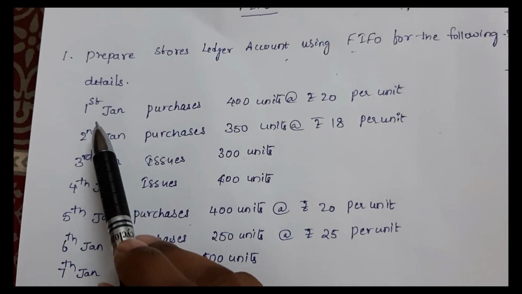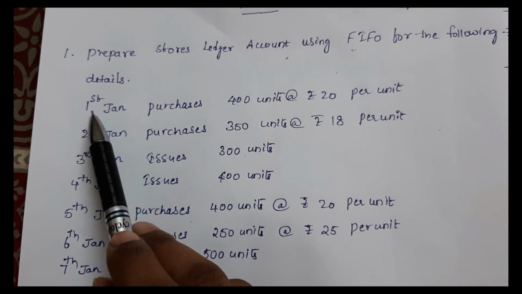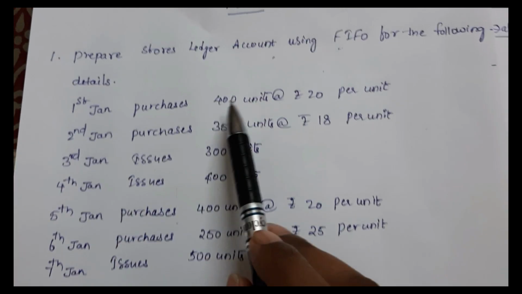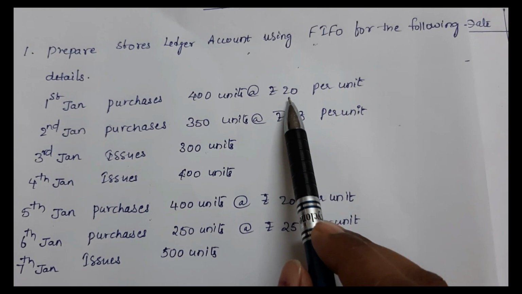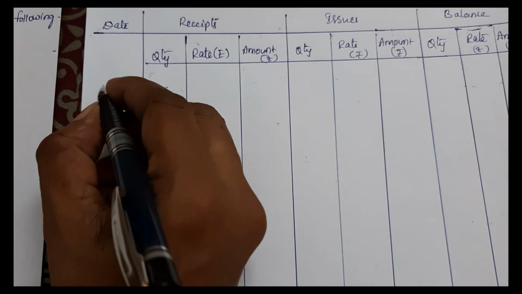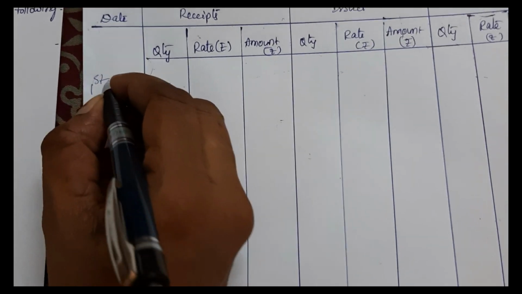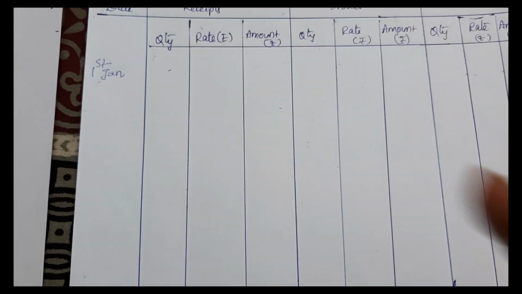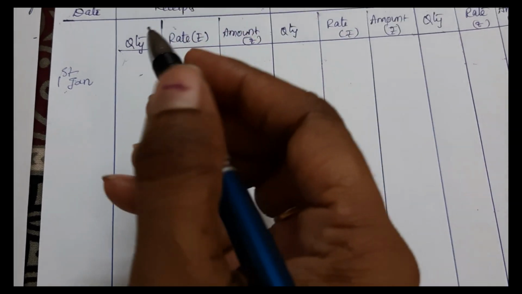So here you see the first transaction. On 1st January purchases 400 units at the rate of rupees 20 per unit. So this has to be written in the stores ledger account. So date we will be writing 1st January. Quantity.